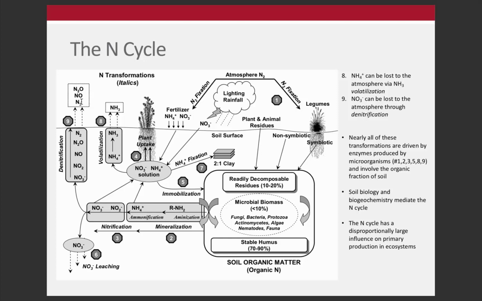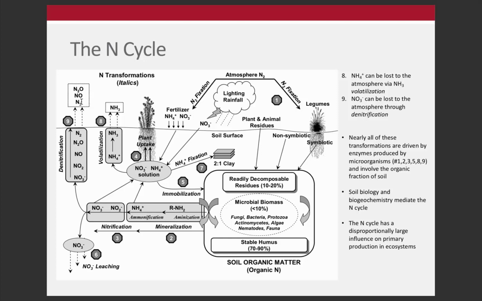So the thing with nitrogen and the nitrogen cycle is that nearly all of the transformations are driven by enzymes that are produced by microbes. So it is absolutely 100% accurate to say that the nitrogen cycle in soil is driven by microorganisms. It is a microbially mediated cycle, and that's very, very important to understand about nitrogen.